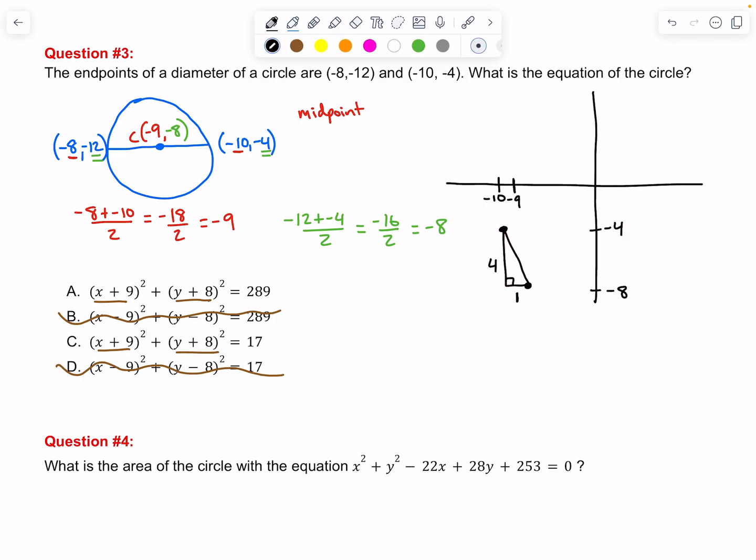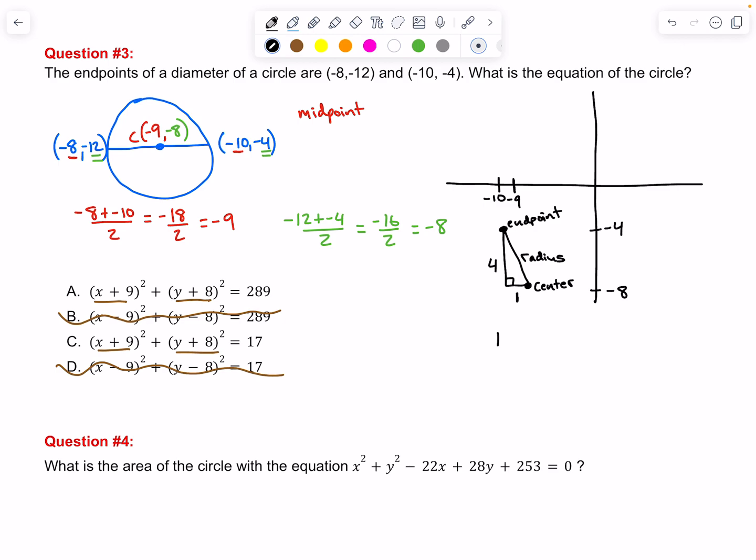Even though they're negative, the distance between -4 and -8 is 4. But what I really want to know is the radius of this circle. This was the center of the circle, and this is an endpoint of the diameter. So we know the radius falls in between those two things.